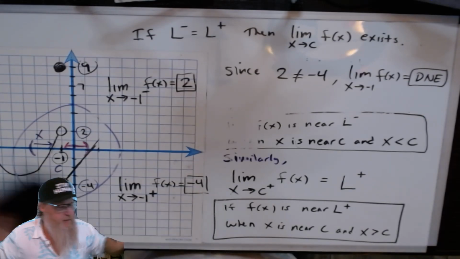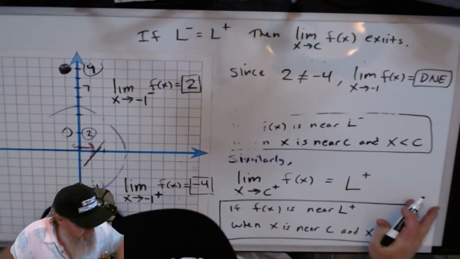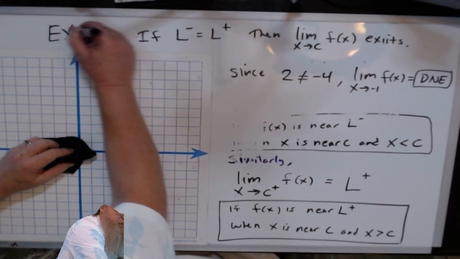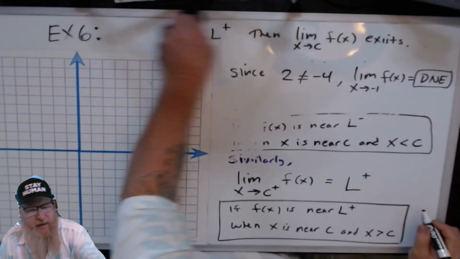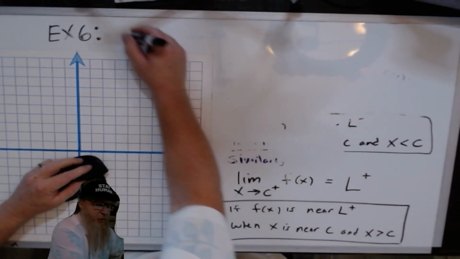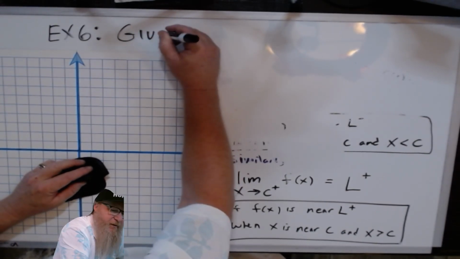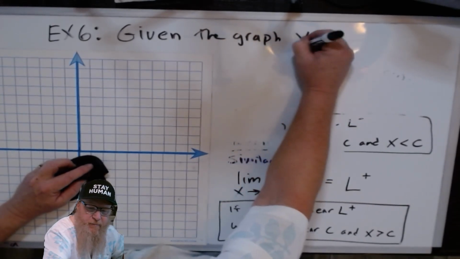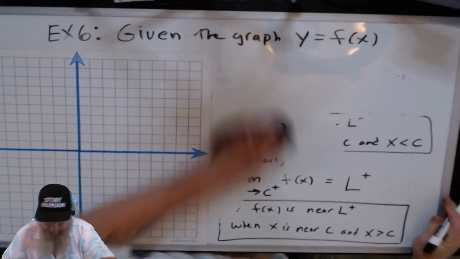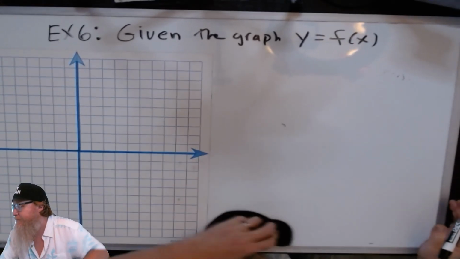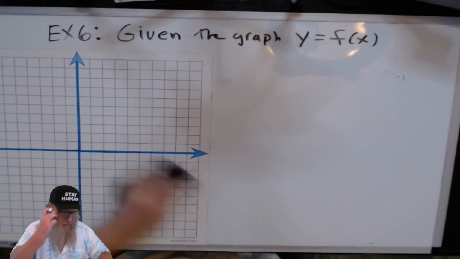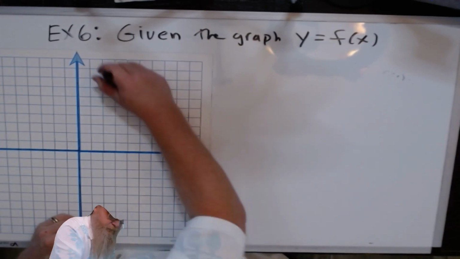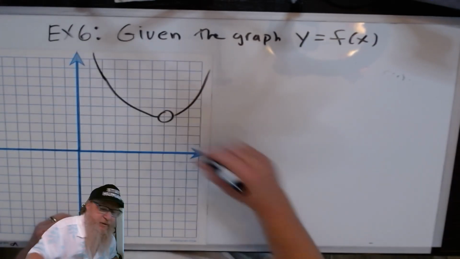let's go ahead and look at some new graphs. Again, this is the graphical approach, so we're always going to start with a graph until we get to the numerical approach. Something like that.